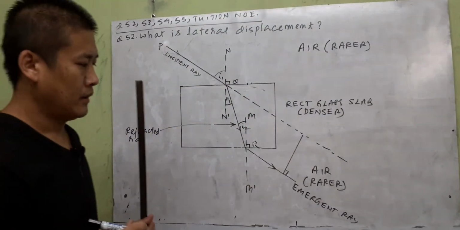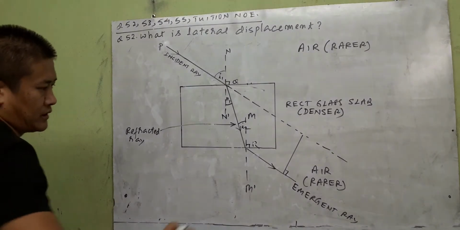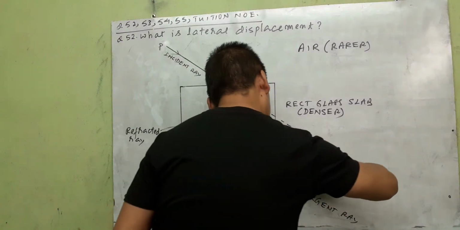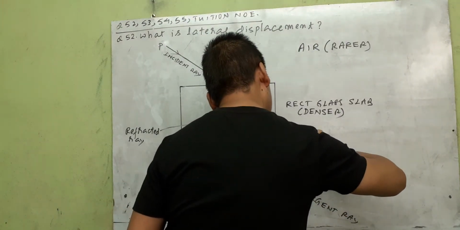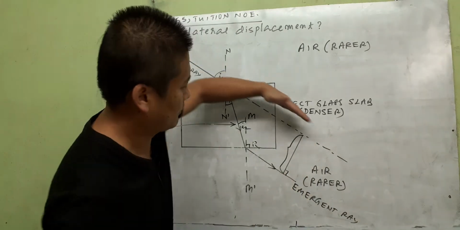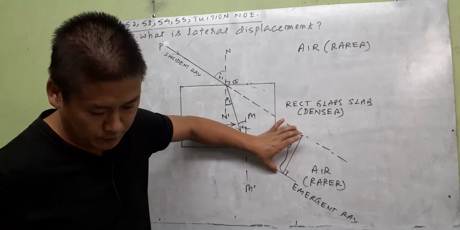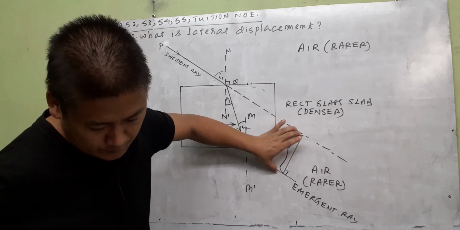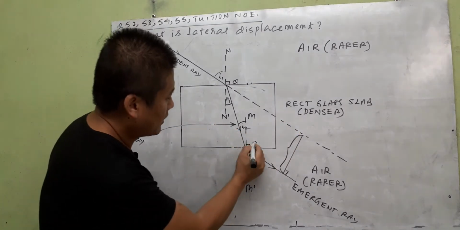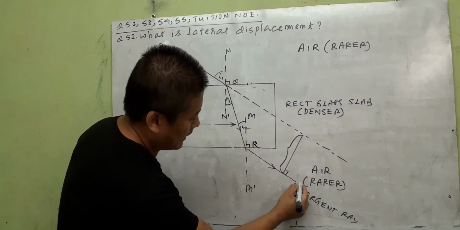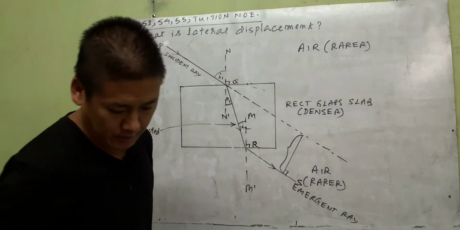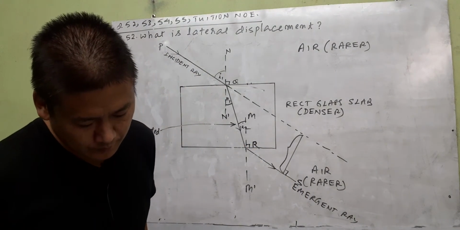Then you take your scale and measure this distance here, the perpendicular distance between the incident ray produced and the final emergent ray. This one is PQR, and the last ray comes out here, S. PQRS.